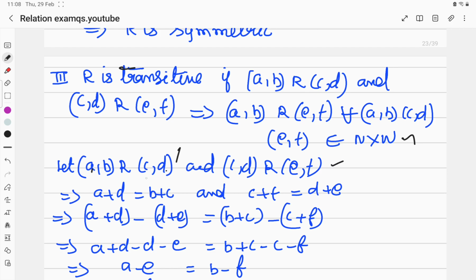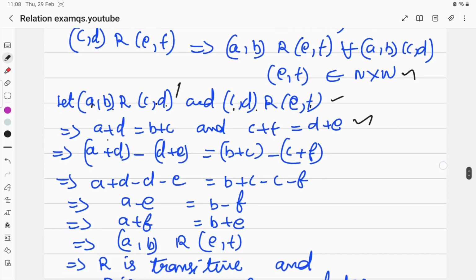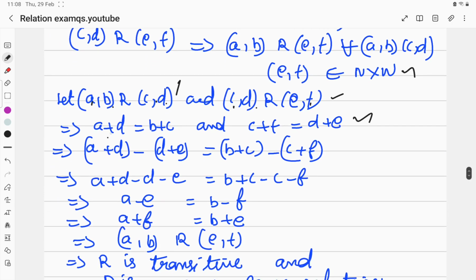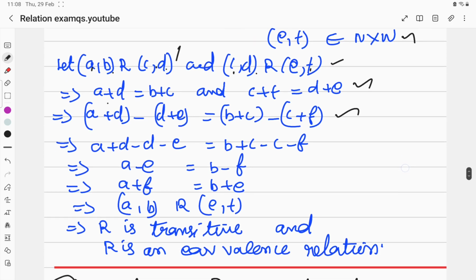Then we know that a plus d is equal to b plus c. Likewise, c plus f is equal to d plus e. So (a plus d) minus (d plus e) is equal to (b plus c) minus (c plus f).